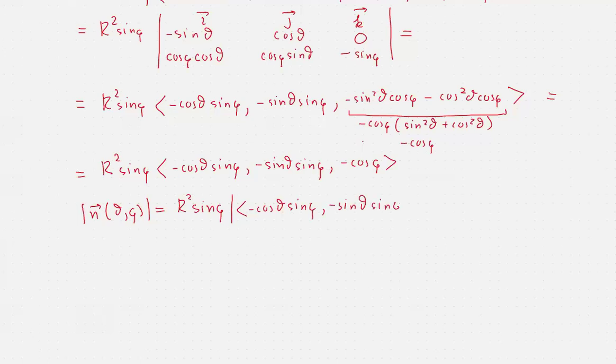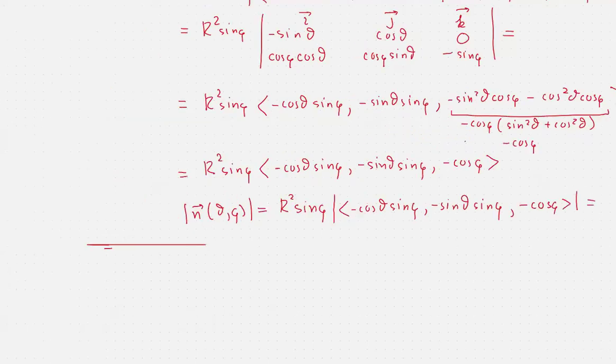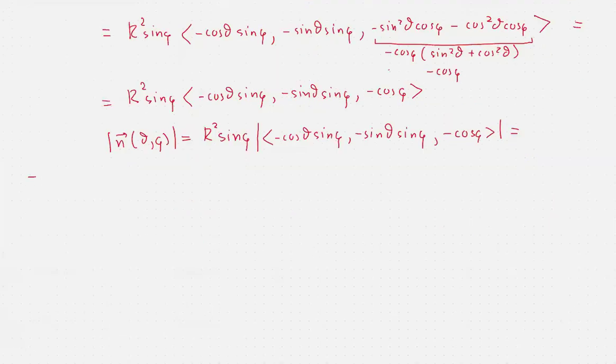And you might think that this is a bit of a mess, but do you see what is going to happen here? I mean, this is very reminiscent of computing the Jacobian for spherical coordinates, and this is certainly not a coincidence.